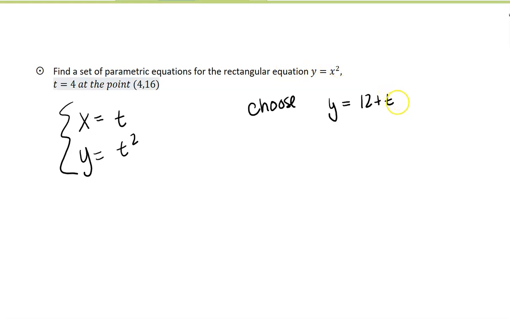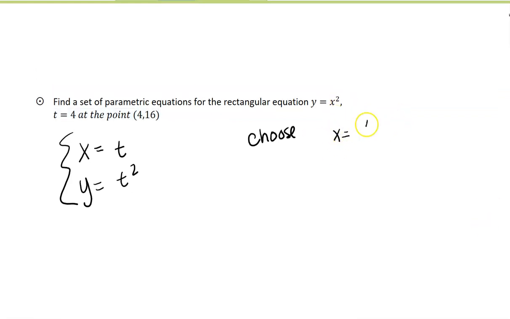So that's one option, but it does not always work exactly the way you want it to. You could also choose something like x equals t squared over 4, because 4 squared is 16 divided by 4 is 4. And y would be (t squared over 4) squared, which is t to the 4th over 16.